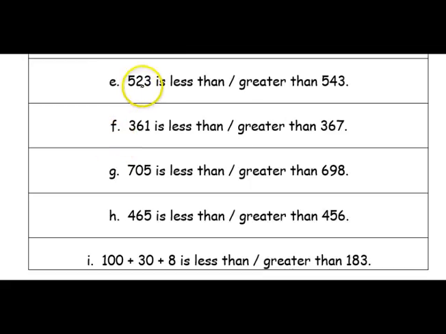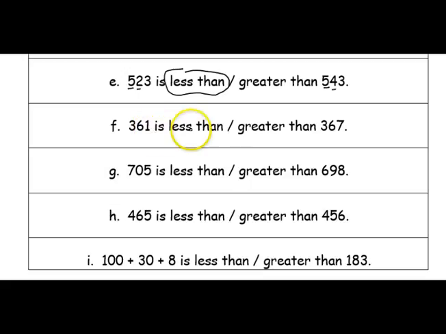Here I have 523. I'm comparing it to 543. They both have 5 groups of 100. My first number has 2 groups of 10, while the second number has 4 groups of 10. So the second number would be greater, meaning 523 is less than 543.